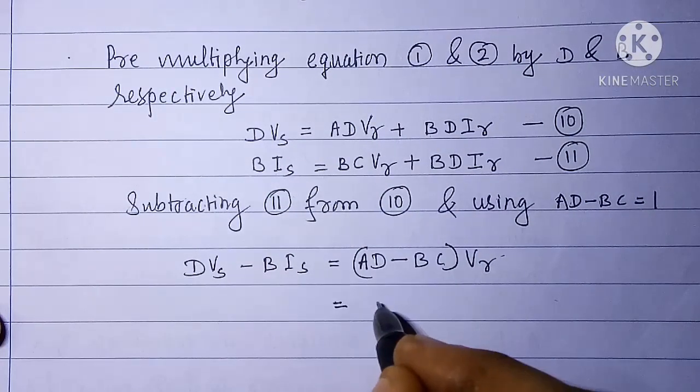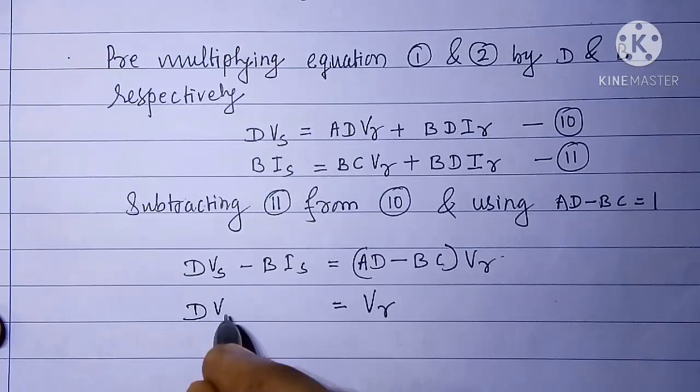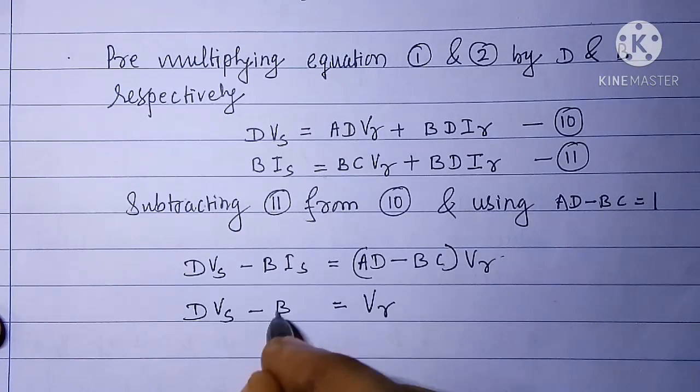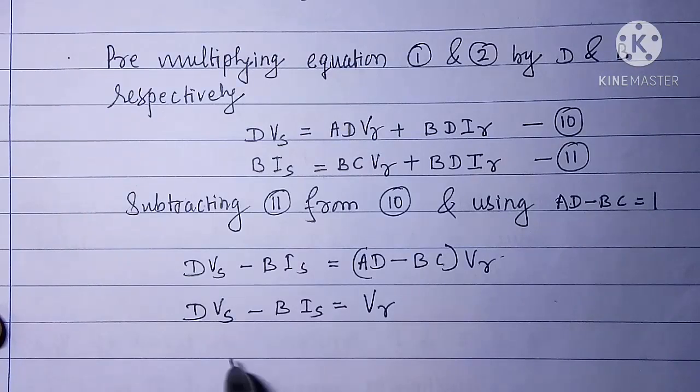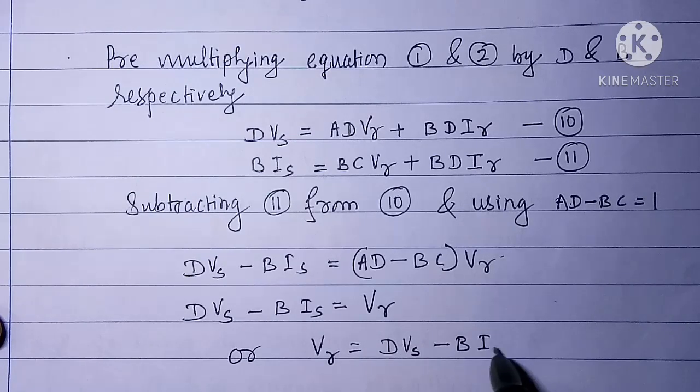It is equal to 1. So 1 into VR is VR. So D into Vs minus B into Is. Or we can write VR equal to D into Vs minus B into Is. Let us call this as equation 12.